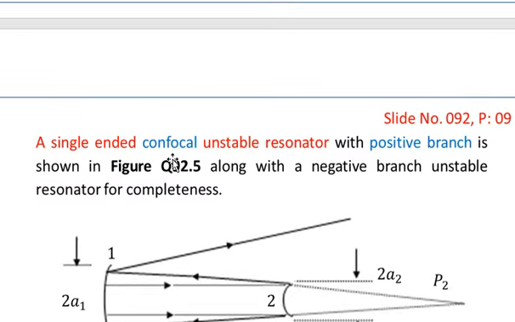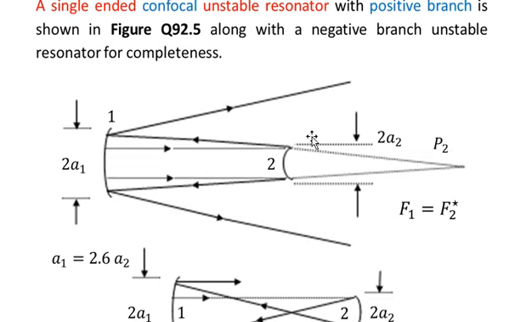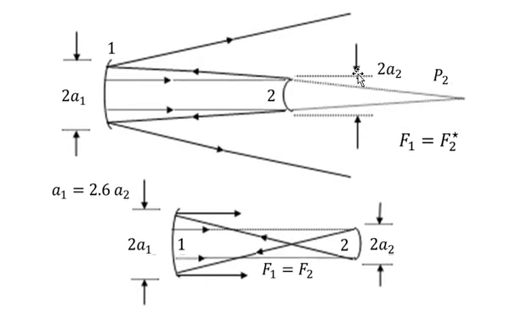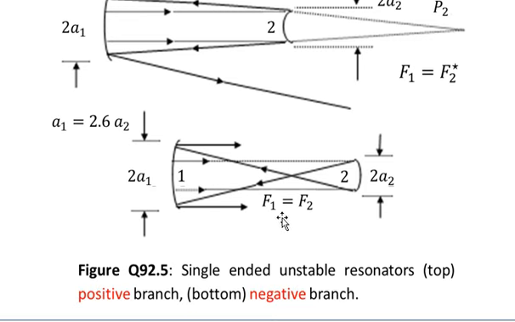A single-ended confocal unstable resonator with a positive branch is shown at the top, and with a negative branch at the bottom. The caption of the figure is: single-ended unstable resonator, top for positive branch and bottom for negative branch. Both are single-ended, but one is for the positive branch, and at the bottom we have the single-ended resonator for the negative branch.